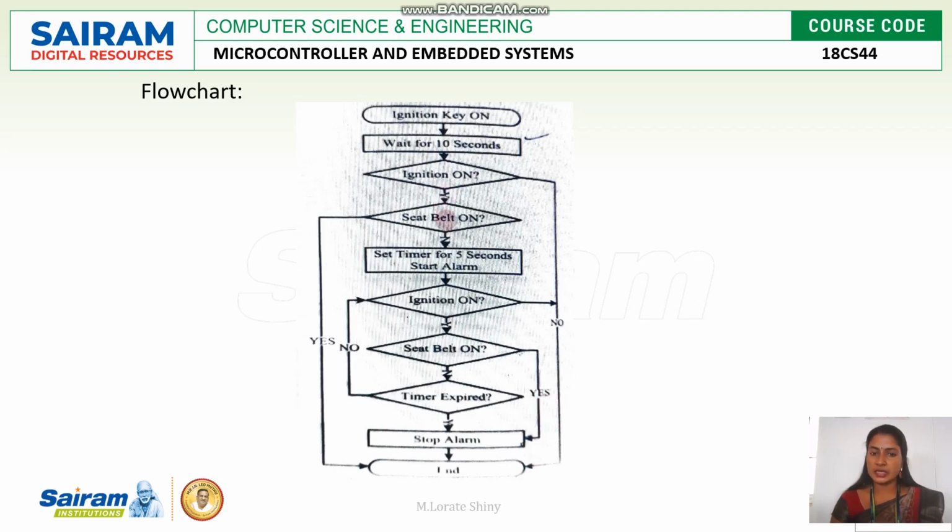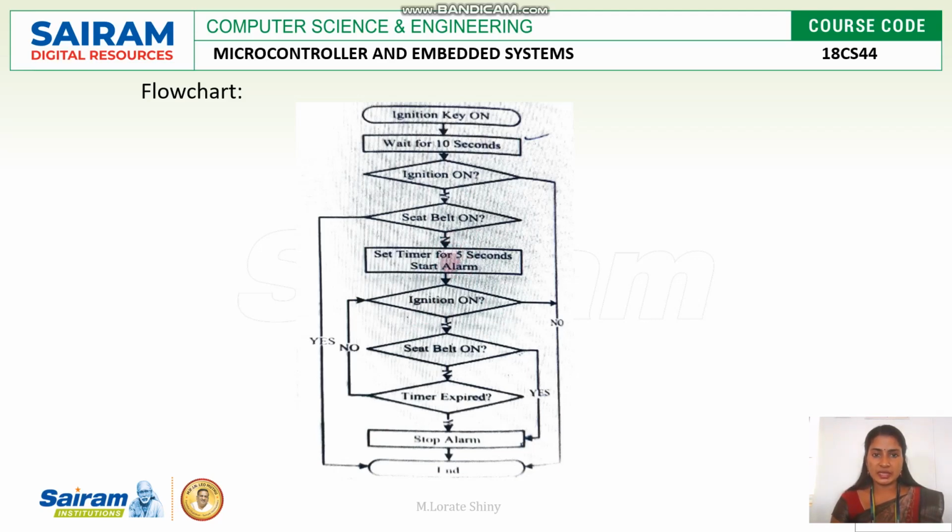If it is yes, it will check again whether the seat belt is on. Again, there can be two answers, yes or no. If the seat belt is on, then there is no need of turning on the alarm, so that process will be terminated. If the seat belt is not turned on, the device will set the alarm for 5 seconds. Now the alarm is started.